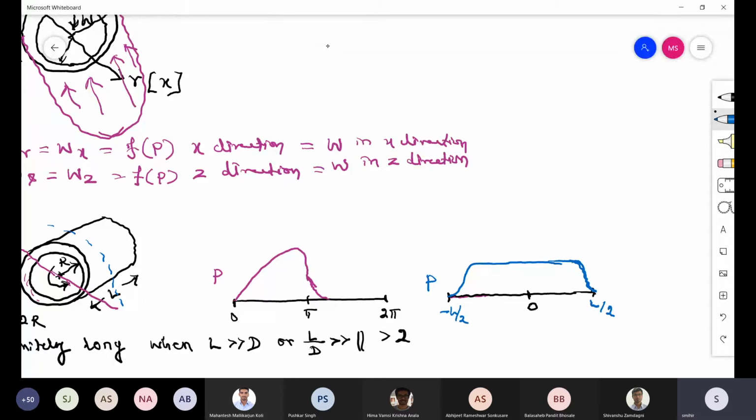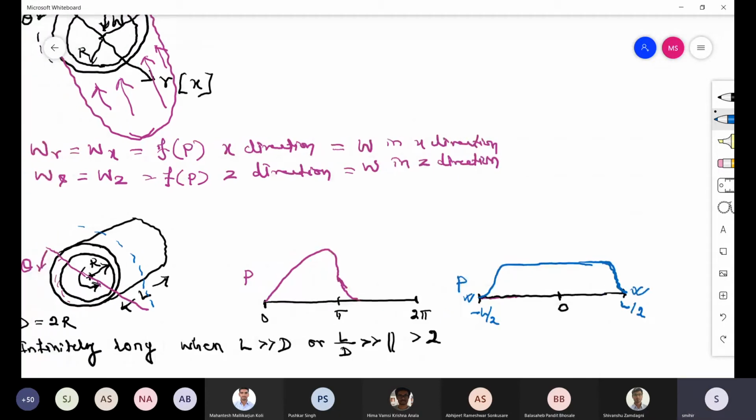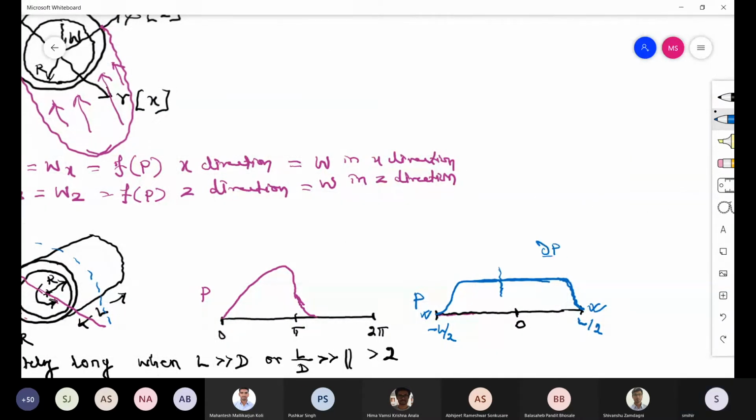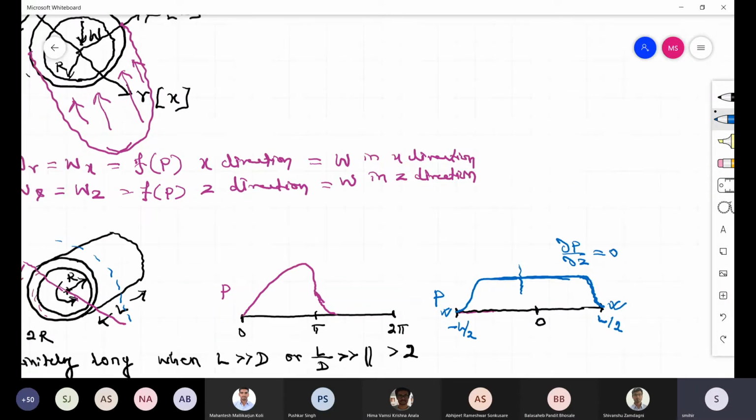So that's why pressure is 0 at the end, this position and this position, and then pressure will increase and it will remain constant because it is long throughout the section. So as it is remaining constant, if you take any section, at any point the pressure del P upon del Z is equal to 0. Okay, so therefore we are taking it one dimensional while making del P upon del Z equal to 0.